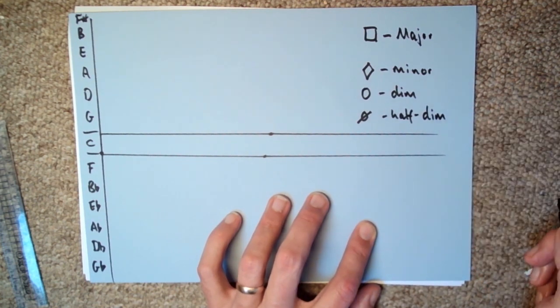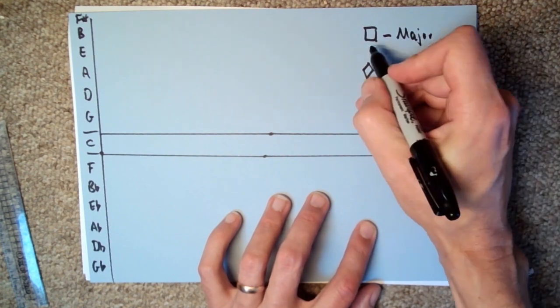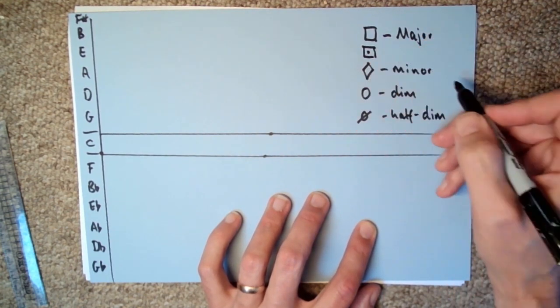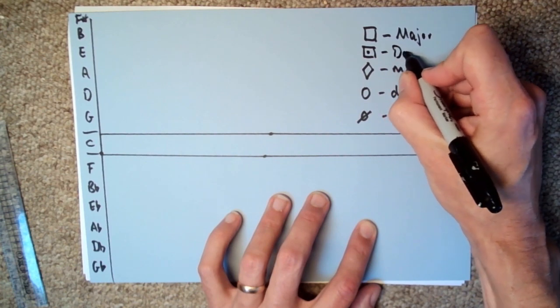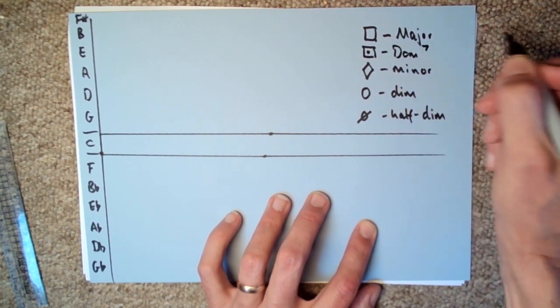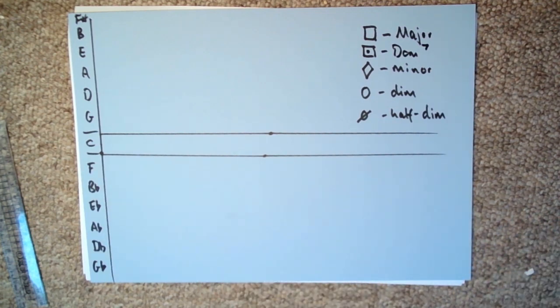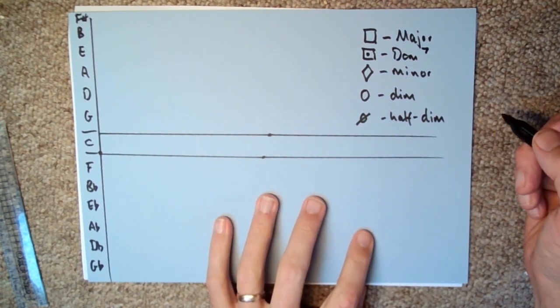And then I'd use the standard one for major 7 and minor 7, but actually as time went on I found out I didn't really need much more. But a really useful one actually was a dominant 7th, which I have used a filled in square like that because it's sort of a major chord with a bit added. So that is a dominant 7th symbol, and if these symbols were the key, then I would fill them in.